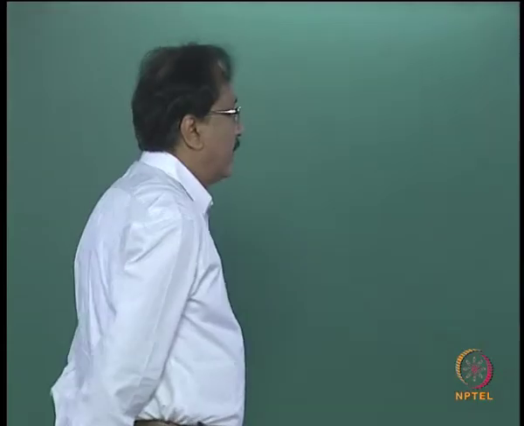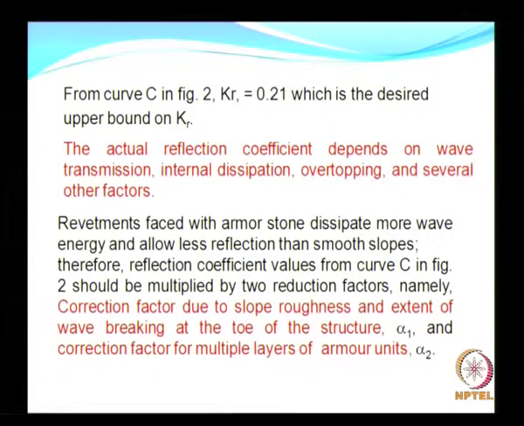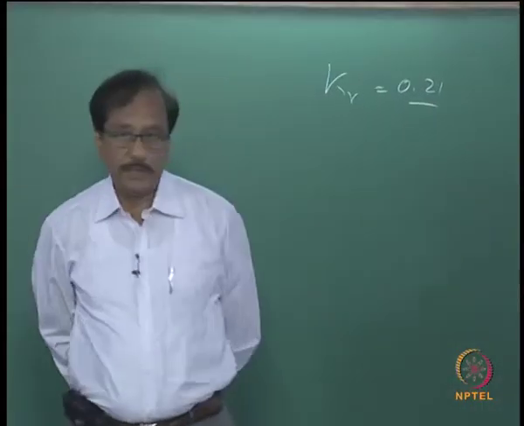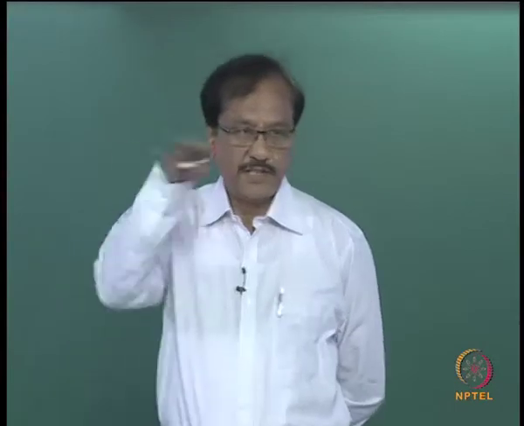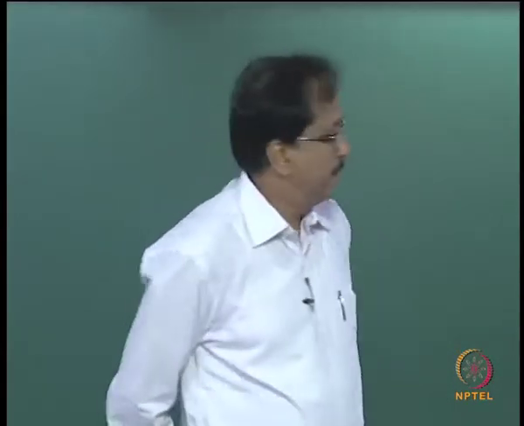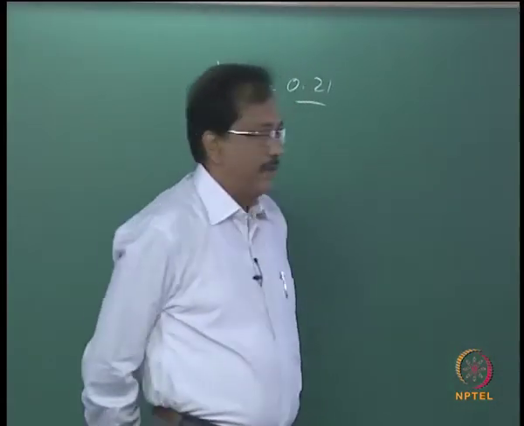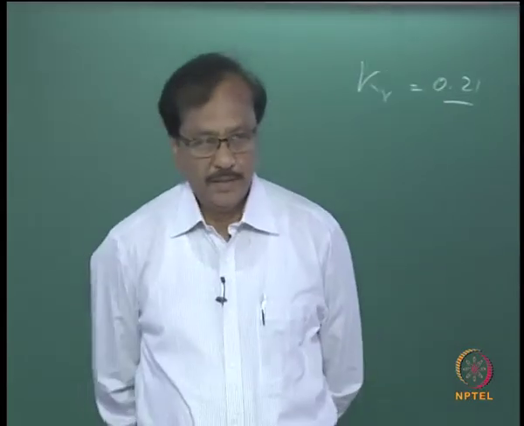So, from curve C in the earlier figure, what we got was the Kr as 0.21, which is the upper bound, that is the highest value for that particular cross section which we had seen. But the actual reflection coefficient, what do you expect?